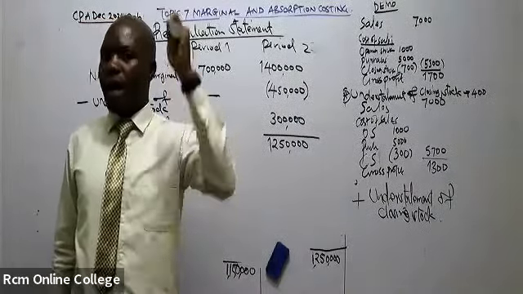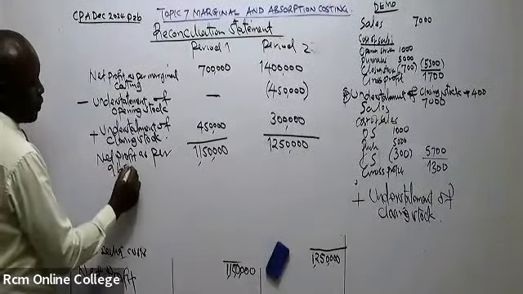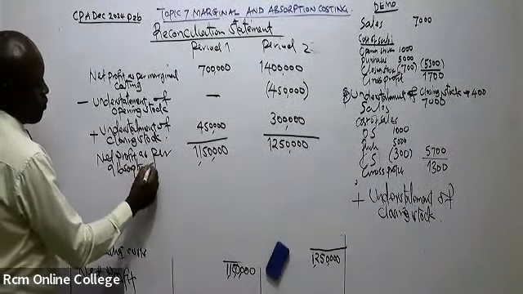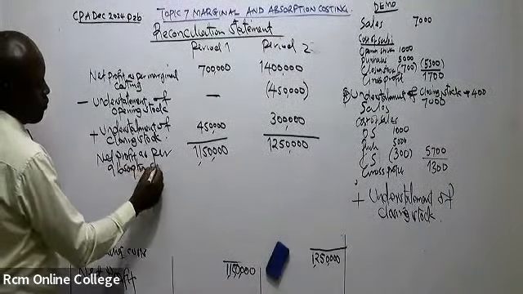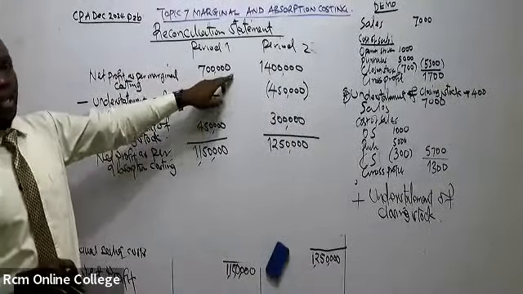So, net profit as per absorption costing. The net profit as per absorption costing for period 1 is 1150, period 2 is 1250. So this difference, marginal costing was giving us 700.